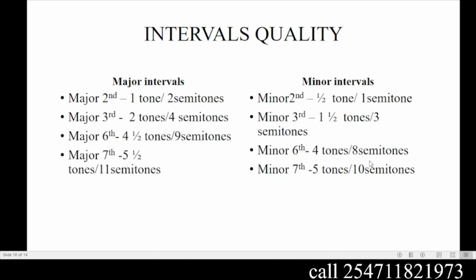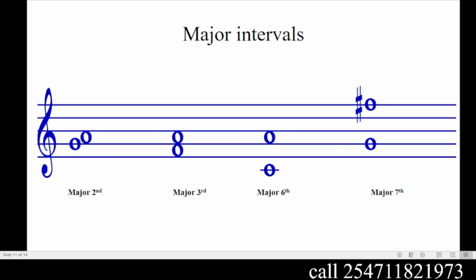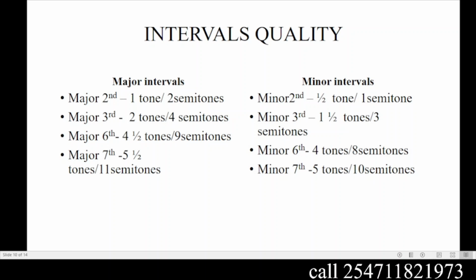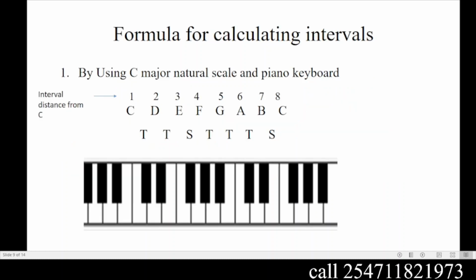And finally, let us talk about the minor seventh. Here we have G to F. A minor seventh should have 5 tones or 10 semitones. Looking at our formula, from G to F: G to A, a tone.